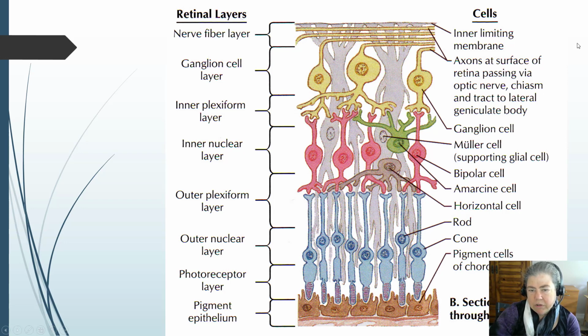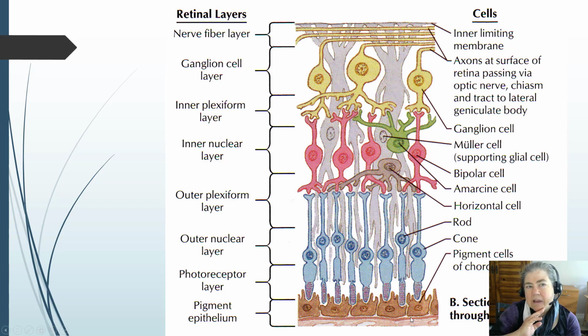And that's where they're getting their nutrition from. So we have rods and cones. And then they are communicating with neurons that are called bipolar cells and horizontal cells. And those neurons are doing some processing and communicating with cells that we call ganglion cells. And the ganglion cells then are sending their axons to the optic nerve.